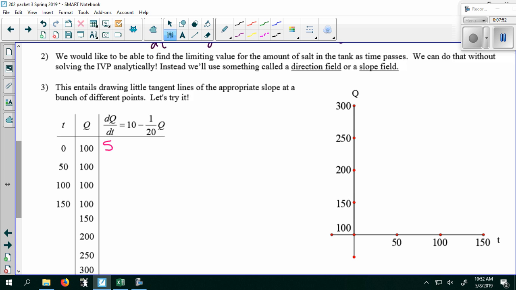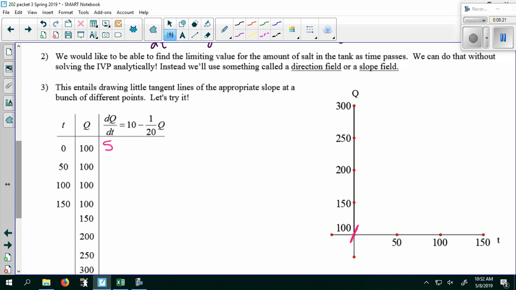If there were a t in this equation, I'd replace it with a 0, but I don't have one in this particular equation. So at the point (t, q) = (0, 100), the slope of the tangent line is 5. So I can go to the point (0, 100) on my graph and draw a tiny little tangent line that has a slope of 5. It's pretty steep, steeper than 1.